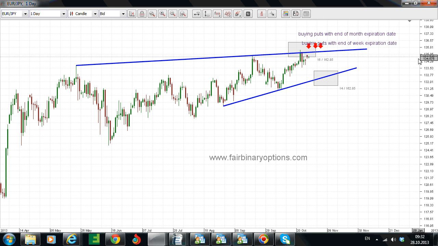The striking price is the price you buy the option for. So if we are buying puts here right now at 134.75, this would be our striking price, and we are looking at the price at the expiration date to be lower than the striking price. And there you go, our option to expire in the money.